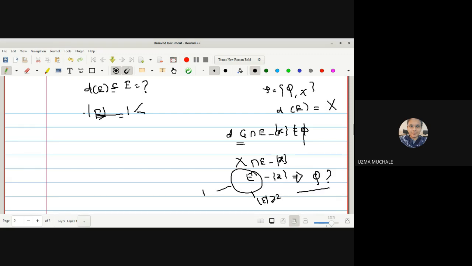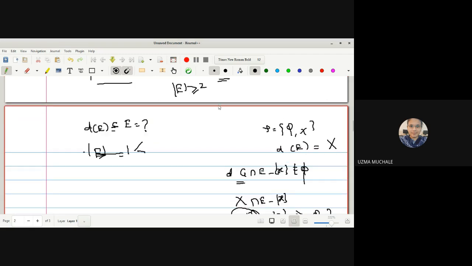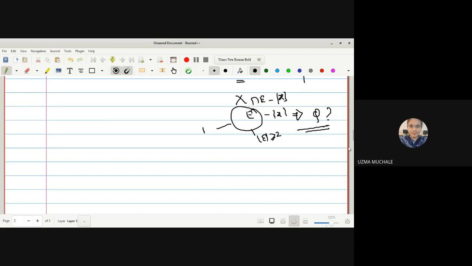Is it correct? In this case, we can say the derived set of E is equal to X. That I will show you later on, because we are already getting a non-empty set. Every point of X will be a limit point. If the cardinality of E is greater than or equal to 2, then the whole set E minus {x} will be non-empty, and x is an arbitrary element.